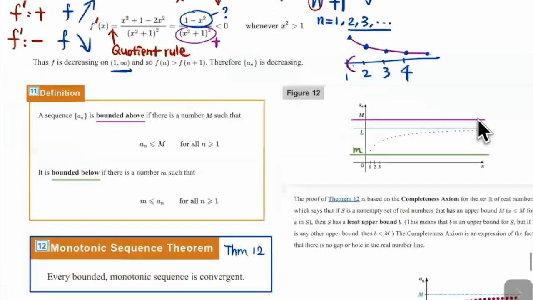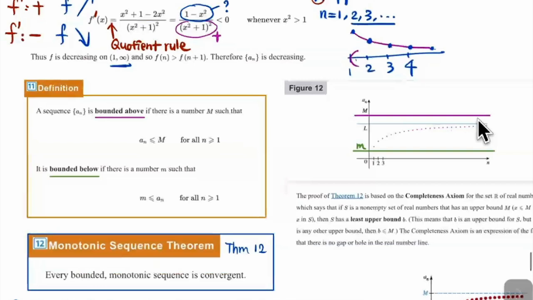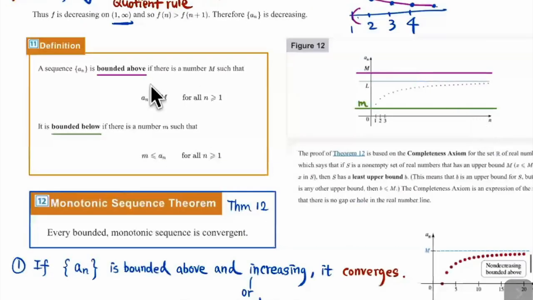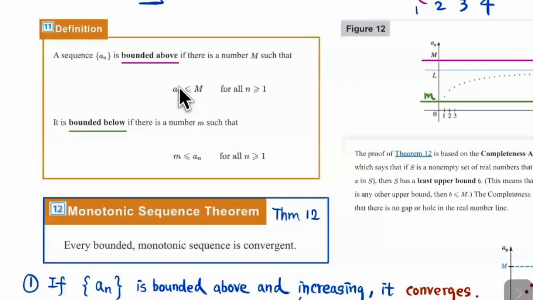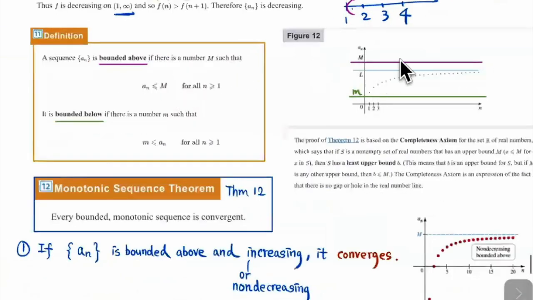Okay, the next definition, we're almost done. The next definition here is bounded above, bounded below. So what does it mean for a sequence to be bounded above? Try to think about this picture. The pink one here has a y value of M. So you see the sequence over here never goes beyond it.